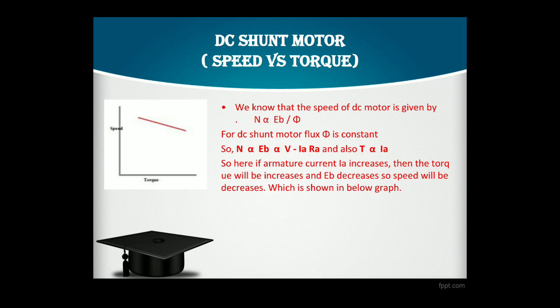But the decrease in speed is very small as compared to the series motor. So these are the three types of characteristics of DC shunt motor.